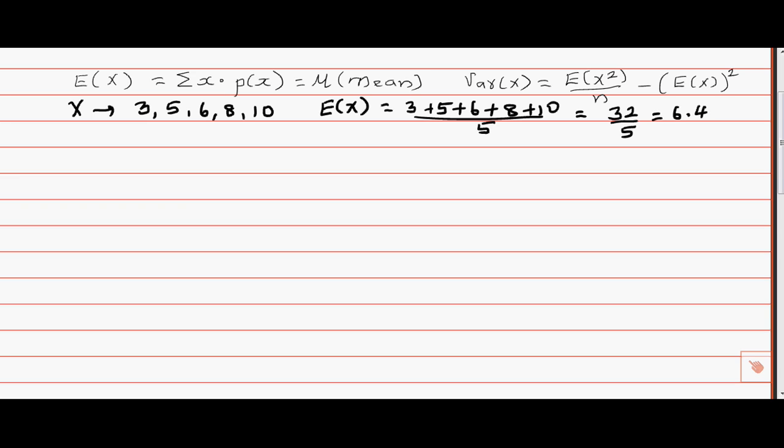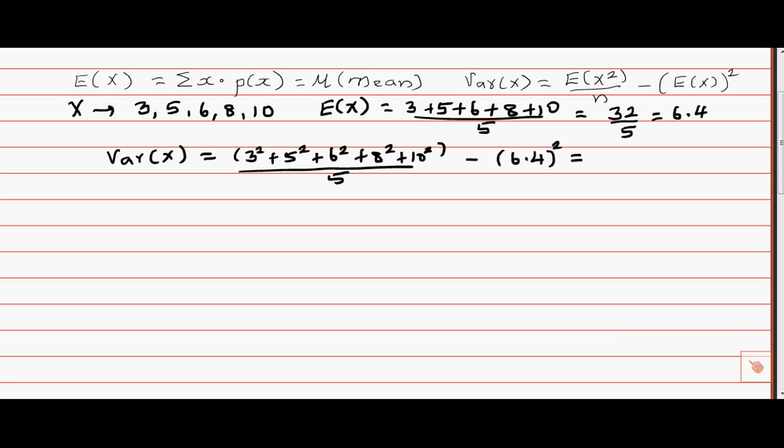Okay, and we know the variance of x is basically squaring these numbers. So let me write it. This is 3 squared plus 5 squared plus 6 squared plus 8 squared and so on, minus the expected value squared, which is the mean squared. You can do this on a calculator, and you will find the variance comes to 5.84.